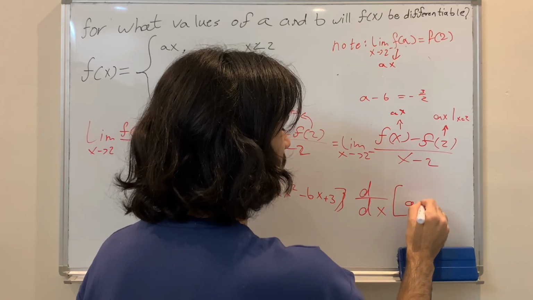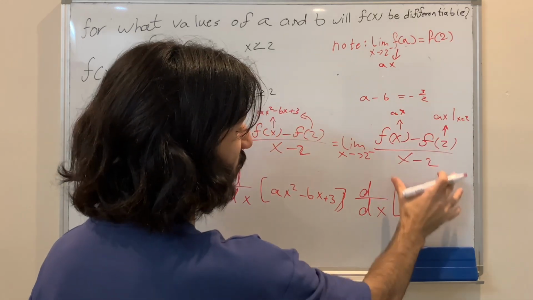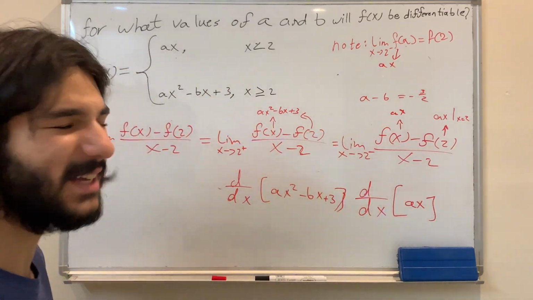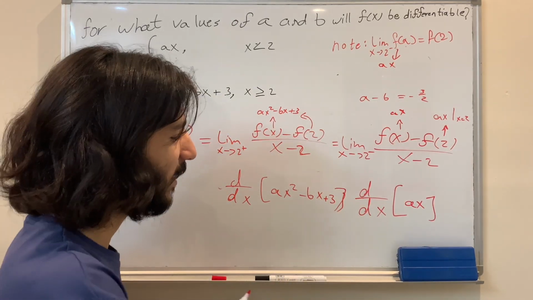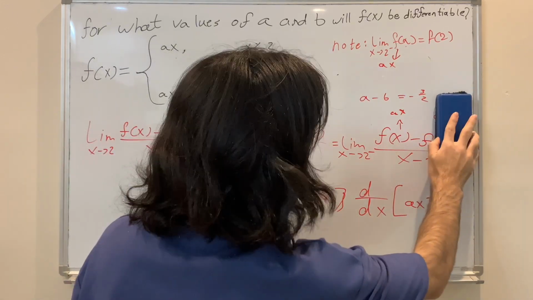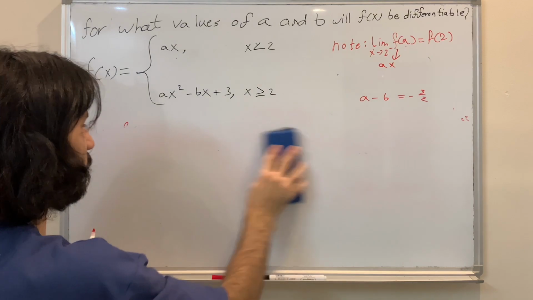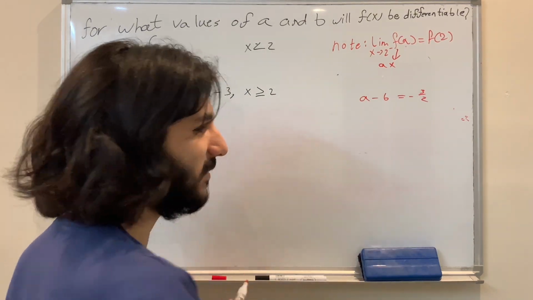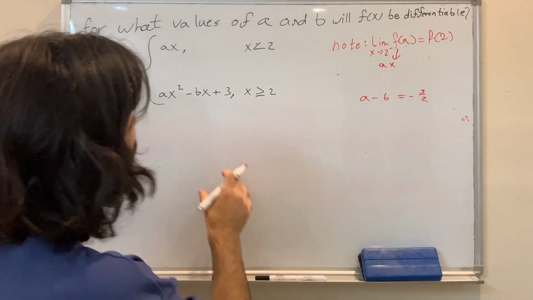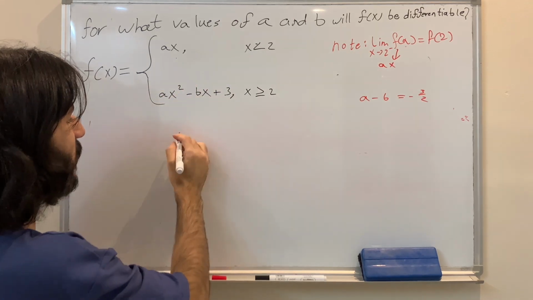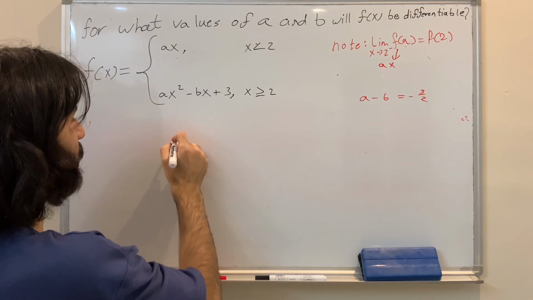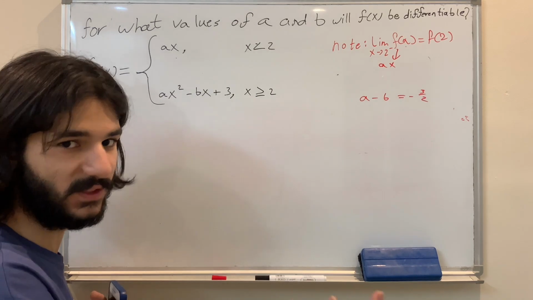Okay, so this means this is equal to this, which makes things so much easier for us, because now I can just delete all of this, and we can use the derivative rules. Firstly, we set the derivatives equal to each other.